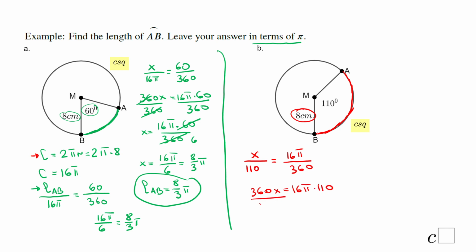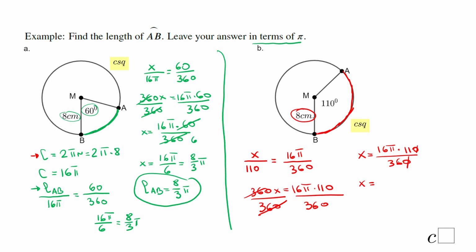I'm going to divide by 360. And that is x, 16 pi times 110 over 360. Again, it depends on how you work this problem. You can simplify, or you can use a calculator.